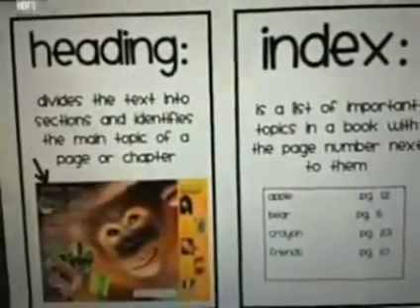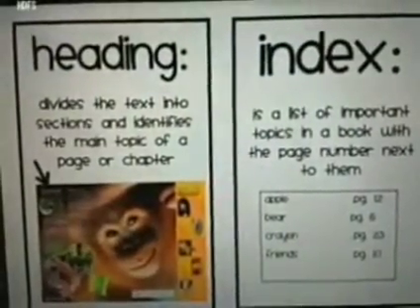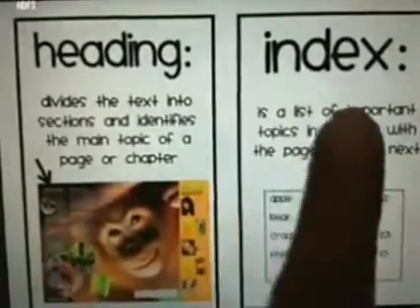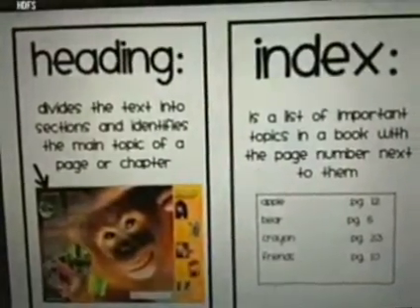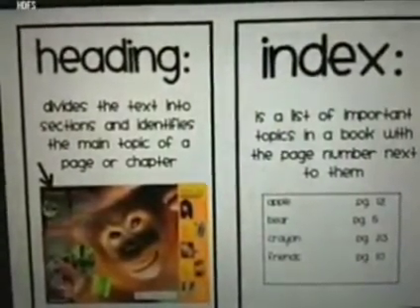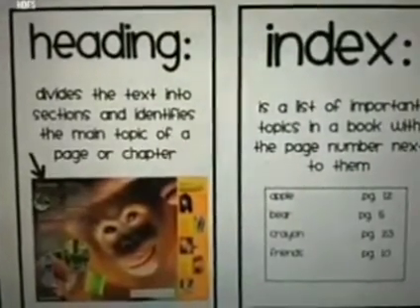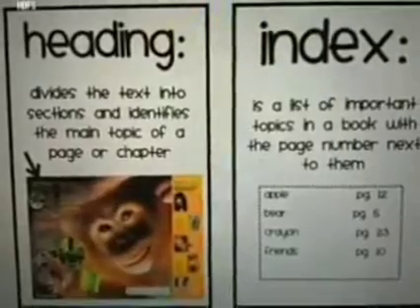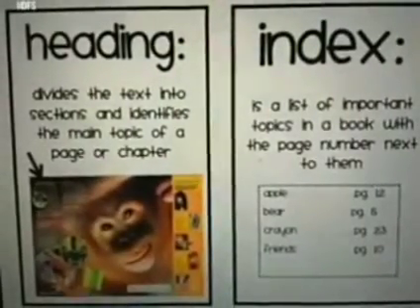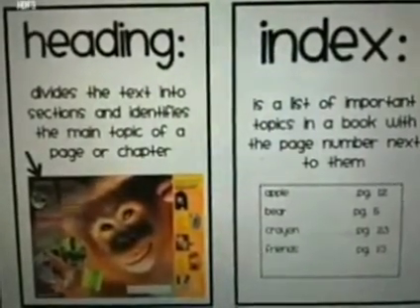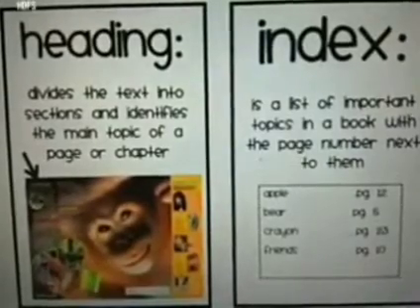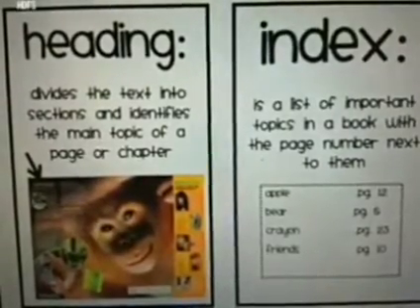Okay. And then there is the index. At the back of the book, there's an index. It gives the list of important topics that are discussed in the book with their page numbers. Because this book gives lots of information, maybe you have to just find the word monkey.